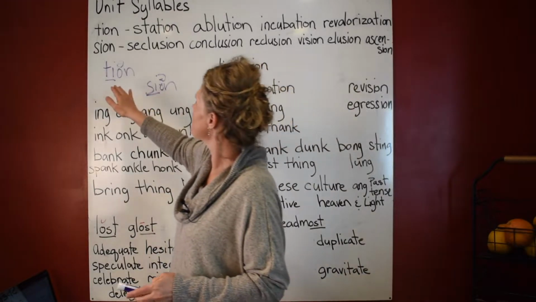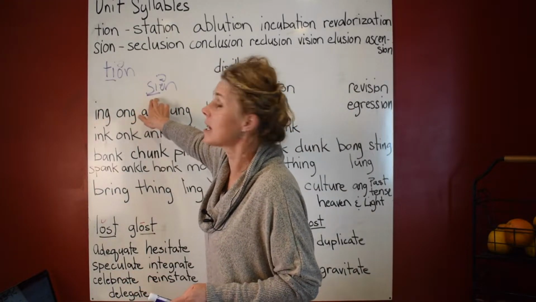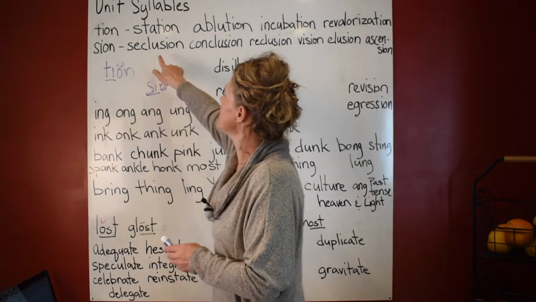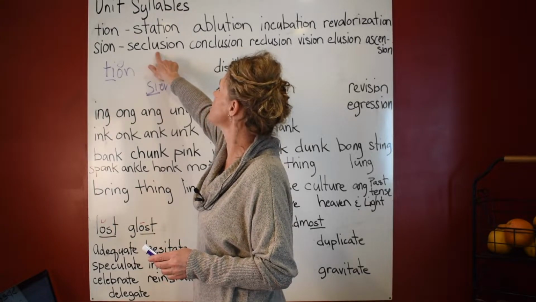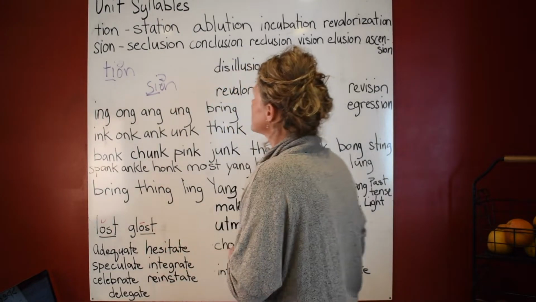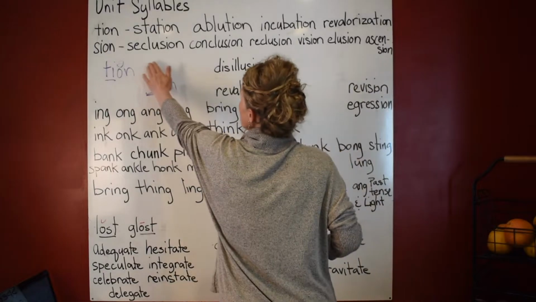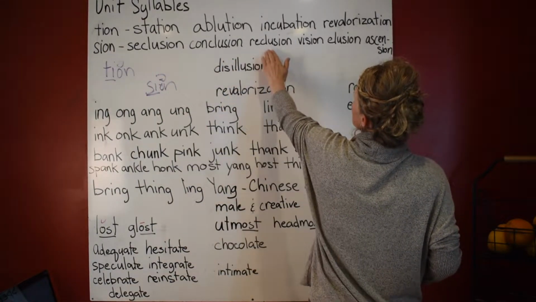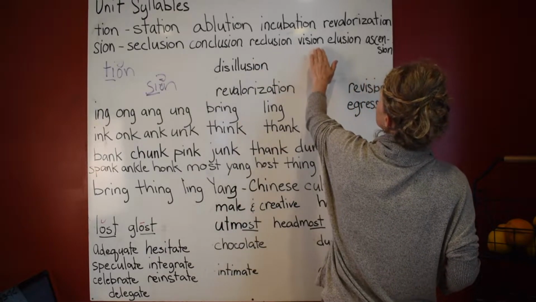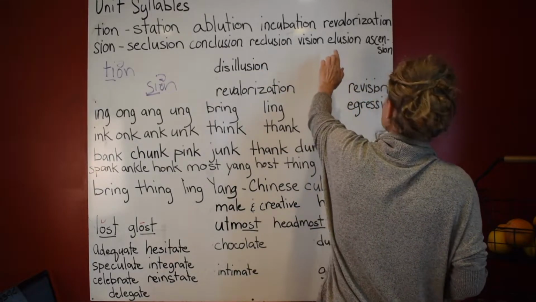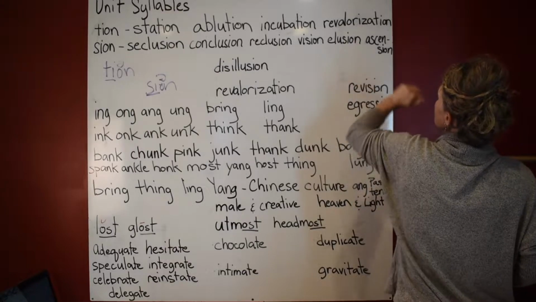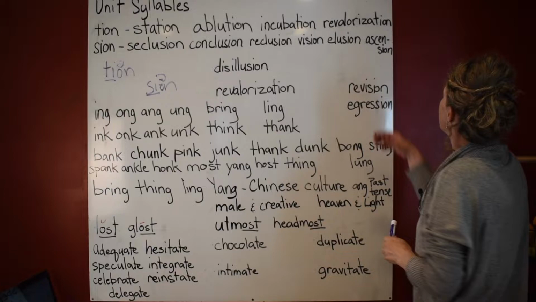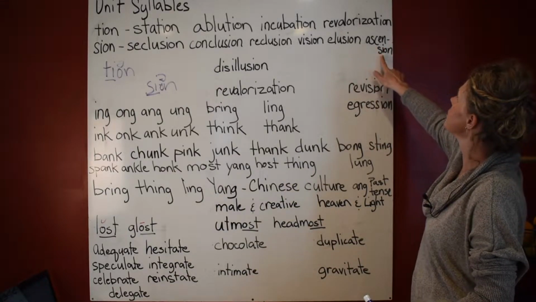Okay? So, but the SION will say zh, depending on if there is a vowel or a consonant that comes in front of it. So let's go over this. Seclusion, conclusion, reclusion, vision, illusion, ascension.